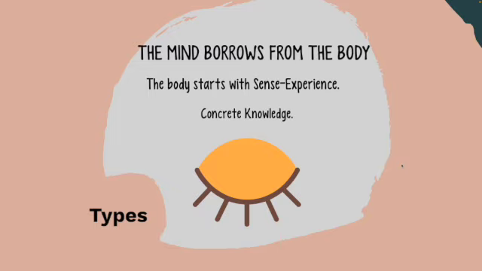Not your body, but the body of the species and all organisms that had a heart, lungs, and a brain. That's your ancestry. You had to borrow from all of that. So sense experience in that way is really big. But in a sense, from this view, and we will refute that later on, the body starts with what's concrete.